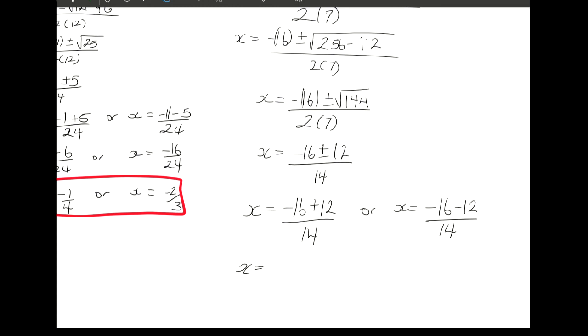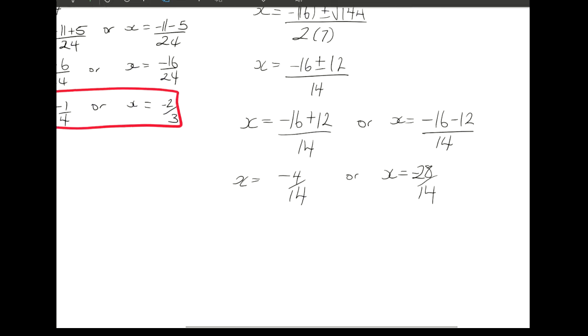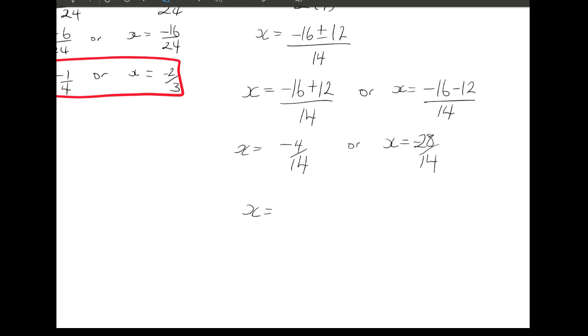So this will be negative 16 plus 12, which will give you, I believe, negative 4 over 14, or x is equal to negative 16 minus 12, which is negative 28 divided by 14. So x is equal to, you can divide these by 2, negative 2 over 7, or x is equal to negative 2. And those are your answers.